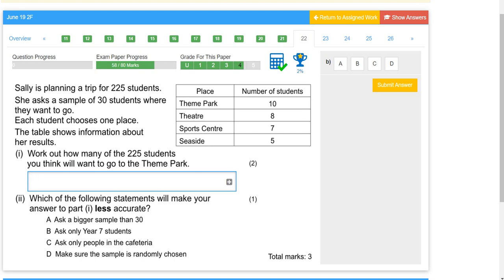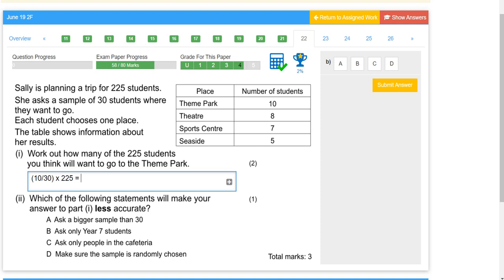Well, we see that 10 of them said the theme park, and that's 10 out of 30, which obviously is a third. So I'm saying that a third of them we think wanted to go to the theme park. And if that's true for everyone, then 1/3 of all of the 225 should want to go to the theme park. So I grab my calculator and I do 10 over 30, or 1/3, times 225.